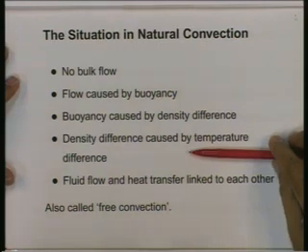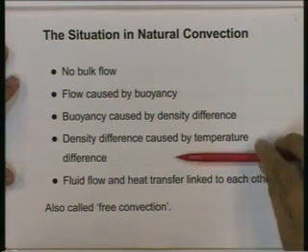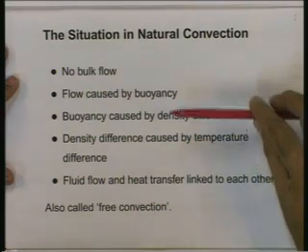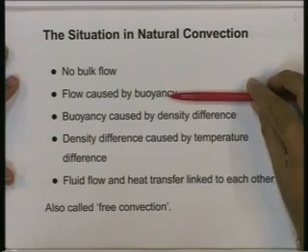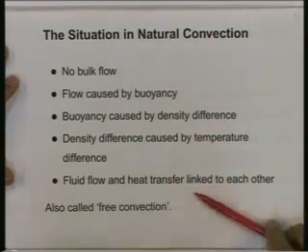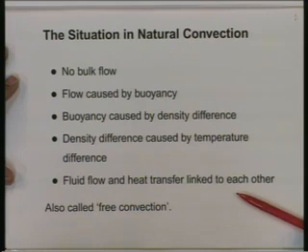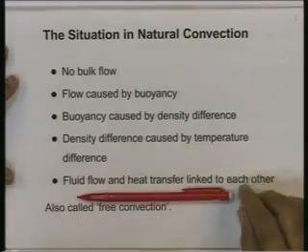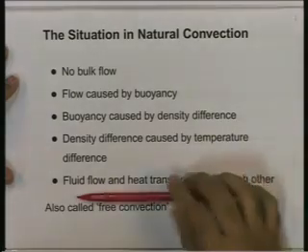Temperature difference causes density difference, causing buoyancy forces, causing flow. Because of this link, the fluid flow and heat transfer are linked to each other. This is the main characteristic of natural convection. Natural convection is also called free convection, and we will soon see why.